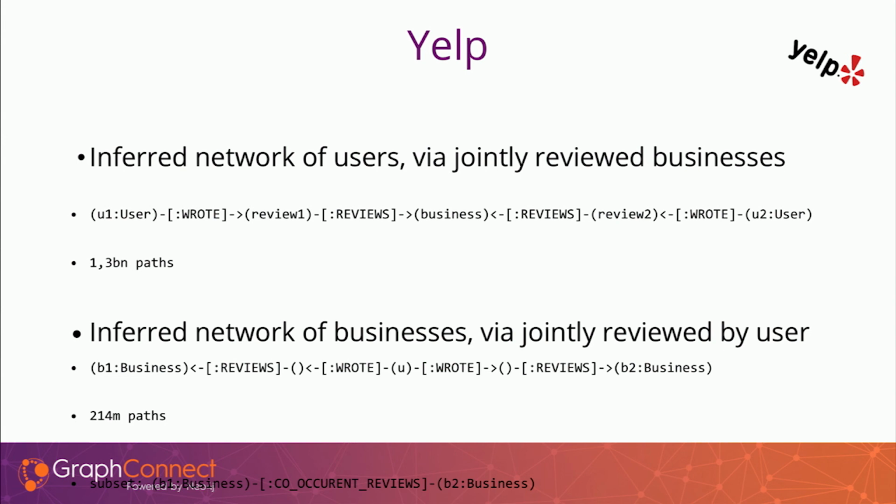I actually computed it: two users having jointly reviewed a business results in 1.3 billion paths in total. And if you flip it around to businesses where both have been reviewed by the same user, it's 240 million paths. So that's the kind of data that you can run this on.